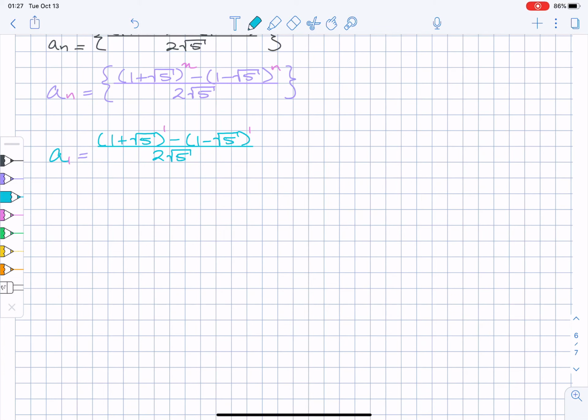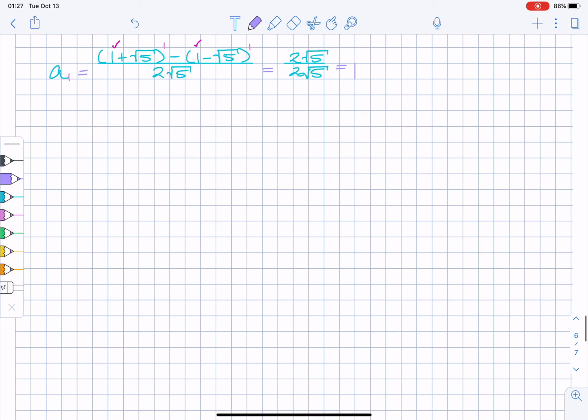Okay, well notice to the first power the parentheses go away. So 1 minus 1 goes away, and I'm left with a sub 1 is equal to 2 root 5 in the numerator divided by 2 root 5 in the denominator. So I get that a sub 1 is actually 1. All of that just for 1.